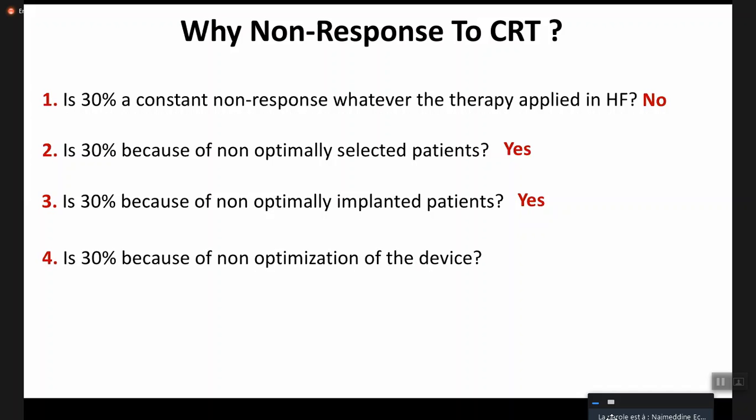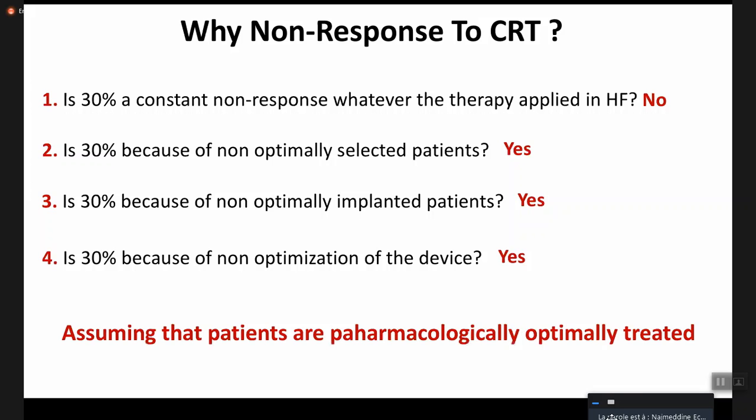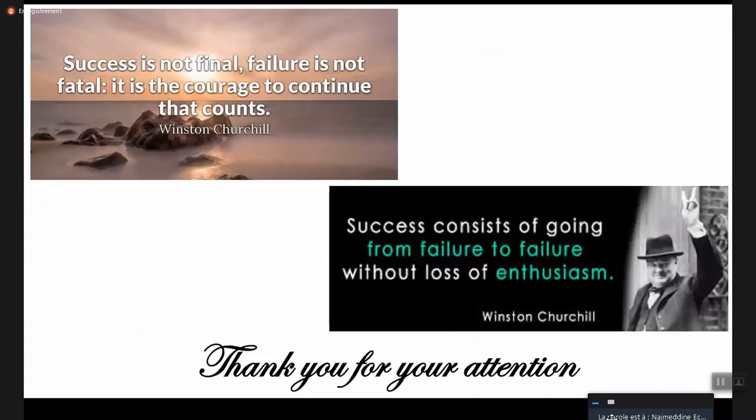Is it because of a lack of optimization? The answer would be yes, and I advise everybody, in responder patients, to trust the algorithm. They are working well, and they will allow you to optimize the AV delay without the need of doing it echo guided. All this, we are assuming again that the patient is on optimal pharmacological treatment.